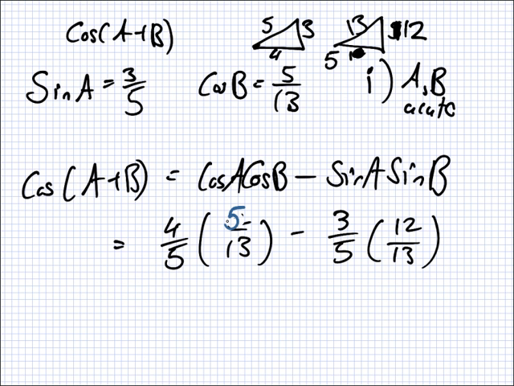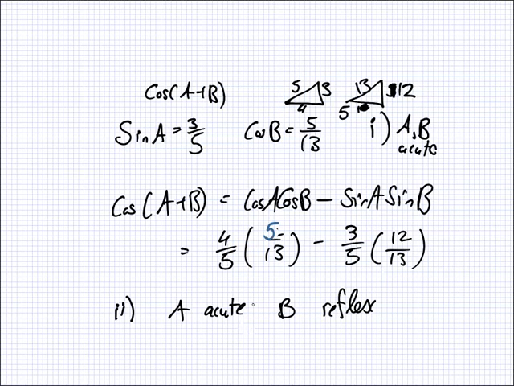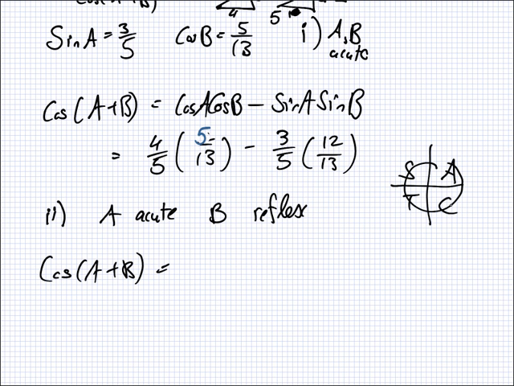Right, now the next situation, part 2. If A is acute and B is reflex. So all the information is the same except I tell you A is acute and B is reflex. Right, so cos of A plus B. We need to think about the circle before we begin. ASTC.